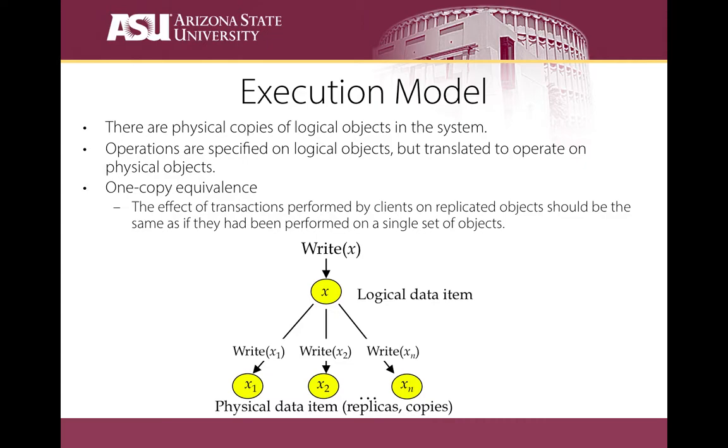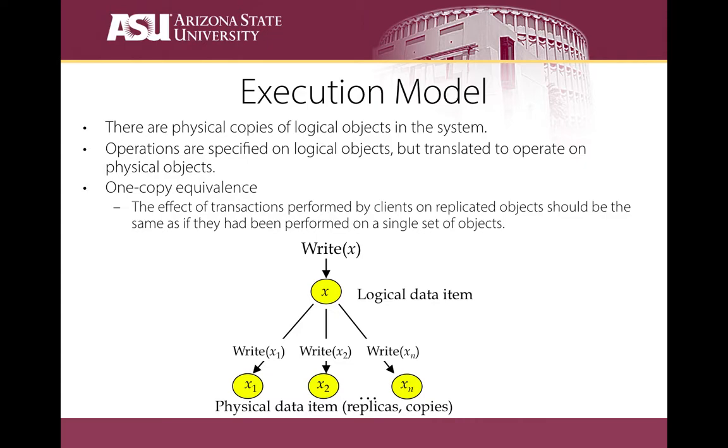If I just go and write x1, I've written x1, but that doesn't mean I've performed this operation. To say that I performed this operation, what should I do? I have to write to all of them, right? What if I'm reading? I'll read one of them, it's okay.